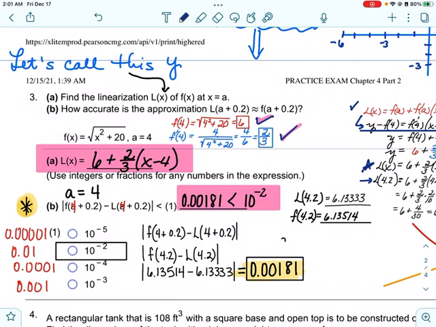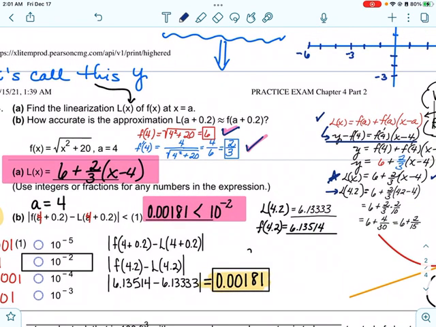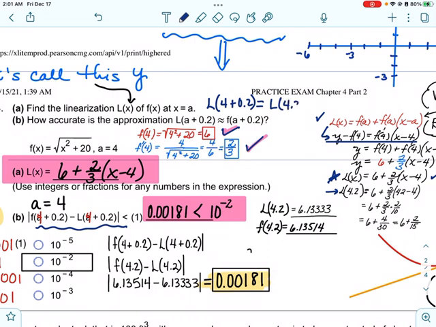What they're really saying in this is L of 4, and if you look down here, I kind of wrote that in, L of 4 plus 0.2. So I'm approximating, that would be L of 4.2, and we want to know how close is that to f of 4.2. Same thing, 4 plus 0.2.